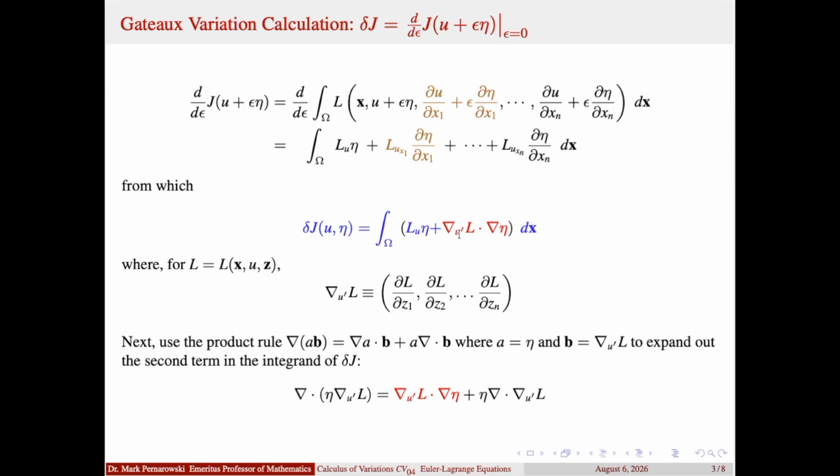The gradient of L in the derivatives is defined to be, you take the L and you look at the arguments in the partials, and you take the derivatives in each of those partials, and that's the gradient in u prime. So the first component would be this, and the last component would be this. So here we have a compact way of writing out the first variation.